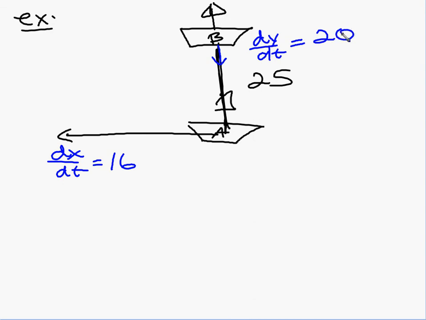Find the rate at which the distance between the ships is changing. So the distance between the ships is the hypotenuse. Okay? So in this case, we've got this as z. Let's just call this x, y, and z. We want to find dz dt.